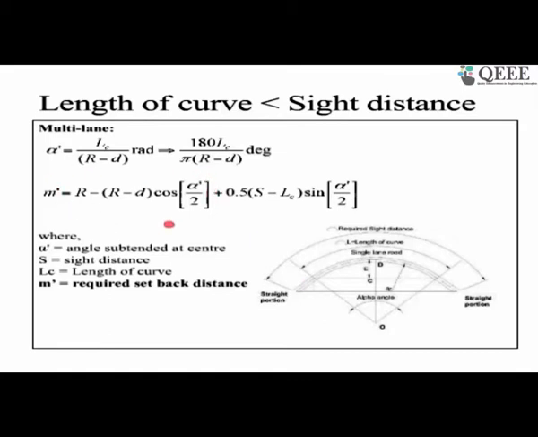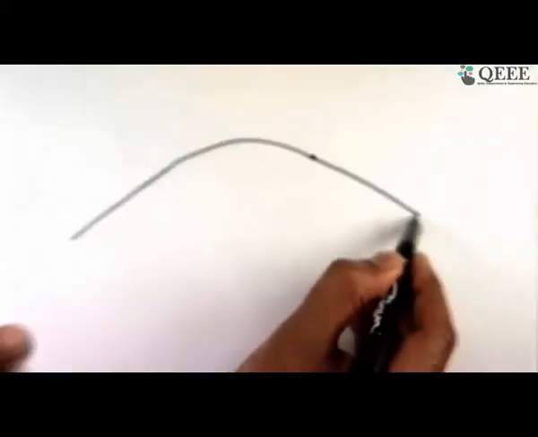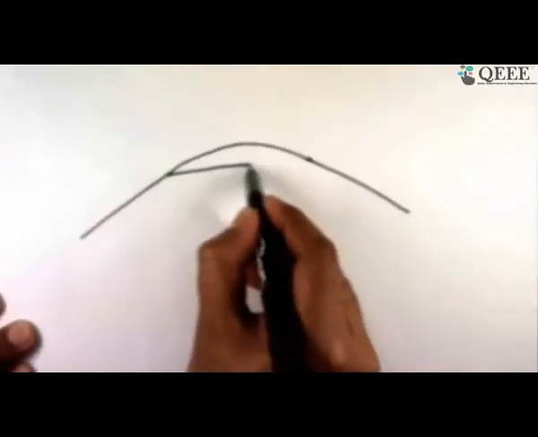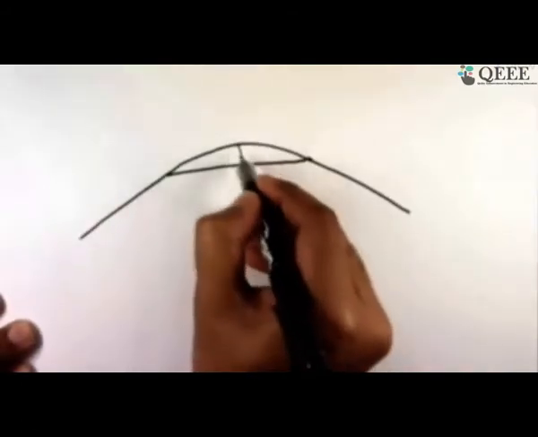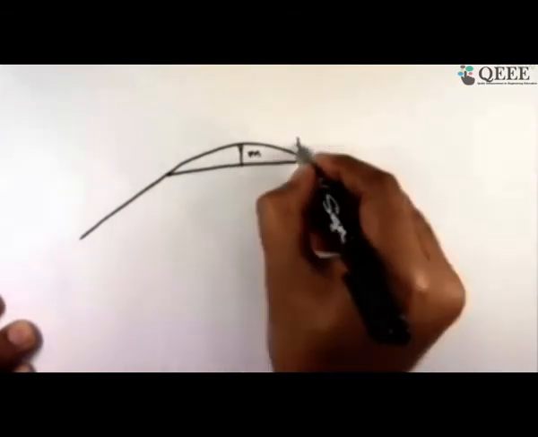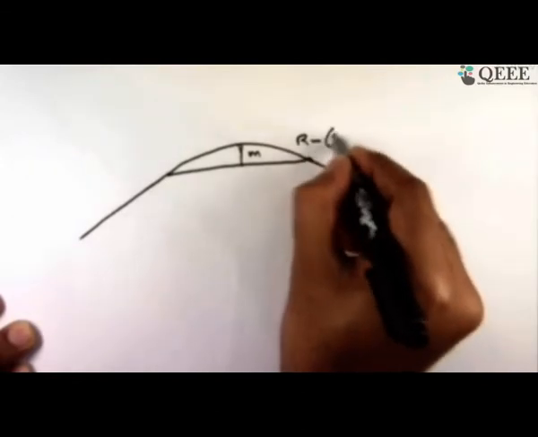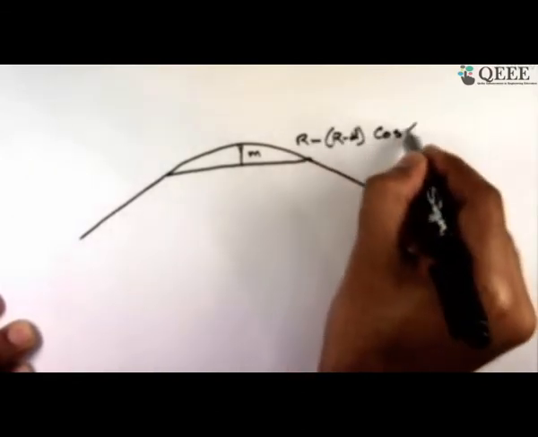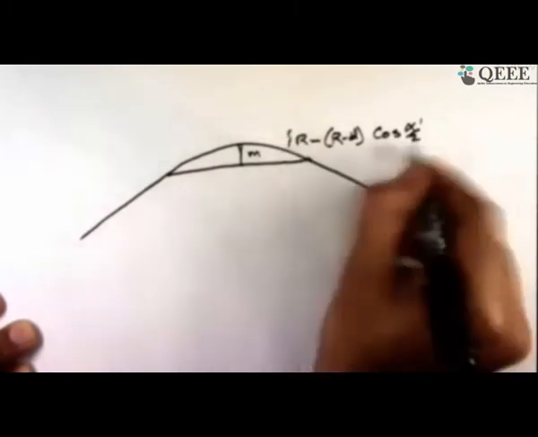So this part, this equation, r minus d cos alpha by 2, this component is going to take care of this one. So we are talking about a tangent, then there is a curve, and there is a tangent. So the first part of the equation which you saw, this m value, is going to take care of r minus d cos alpha by 2. Okay, so this is the first part.